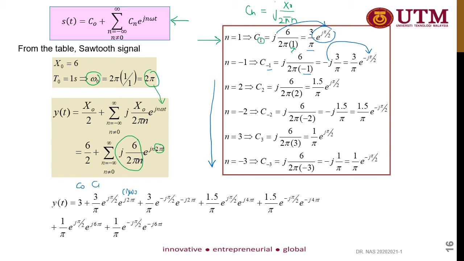Okay, so same goes to when n equal to minus 1, so this is n equal to minus 1 times omega naught t. Okay, and this is for n equal to 2, so n equal to 2 times 2 pi. So this is when n equal to minus 2 times 2 pi. And this one for the third, n equal to 3 times 2 pi. And last one, negative 3 times 2 pi.